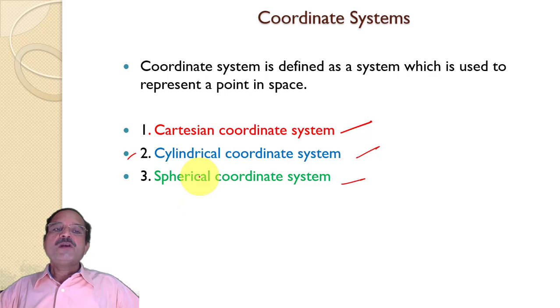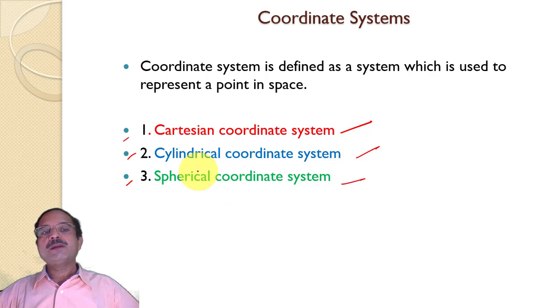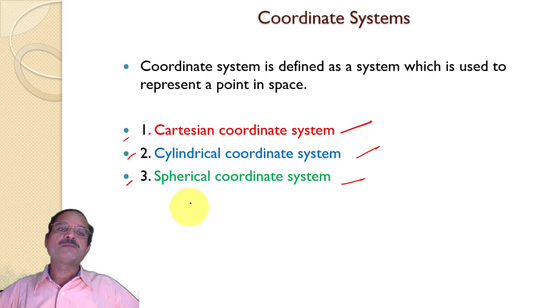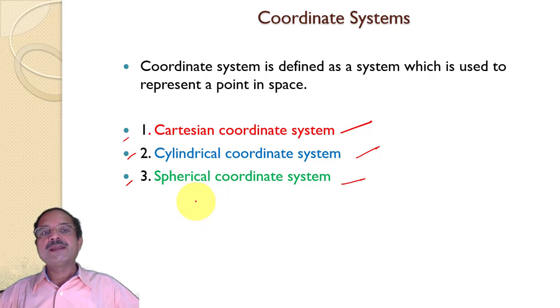And if I want to find a charge distribution inside a sphere like the earth or any ball-shaped object, then we use the spherical coordinate system. Because of this, it is necessary to study all three types of coordinate systems. We can always convert any vector or any point from one coordinate system to another. These are the things we are going to discuss in the next video.